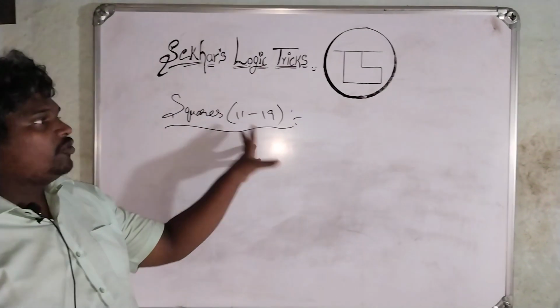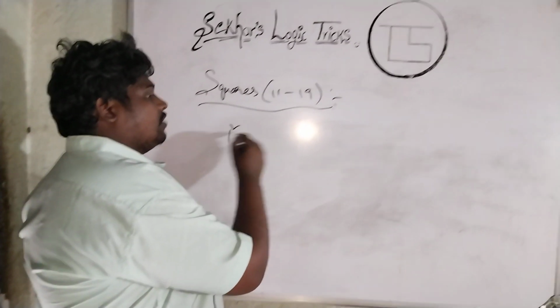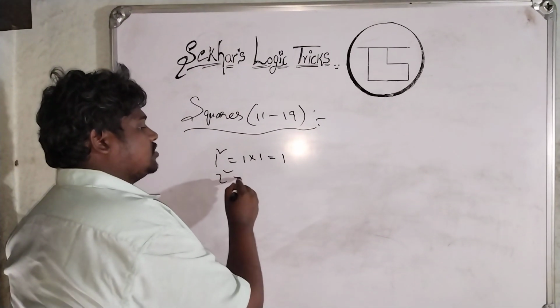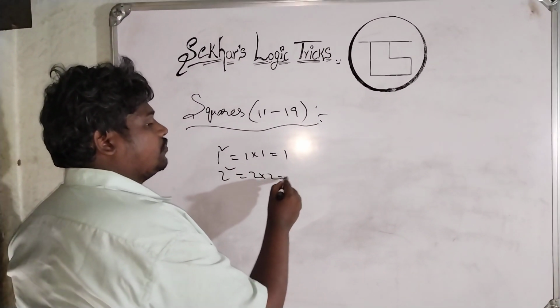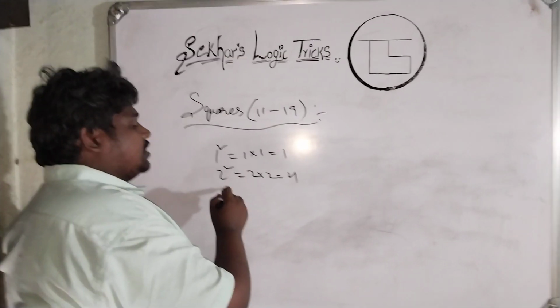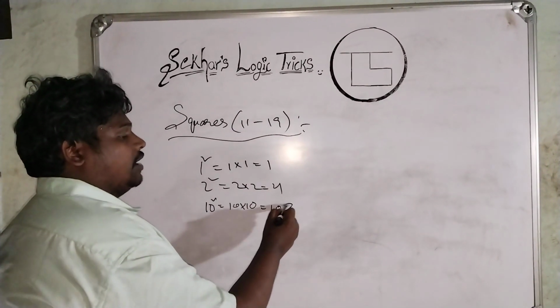Today we are discussing squares. General squares: 1 square is equal to 1 into 1, which is 1. 2 square is equal to 2 into 2, which is 4. In the general way, 10 square is equal to 10 into 10, which is 100.